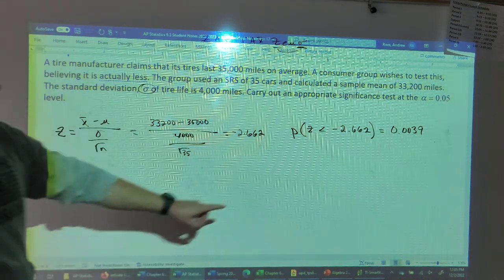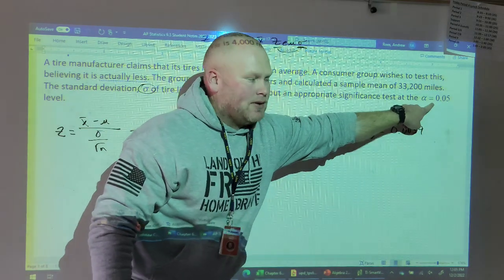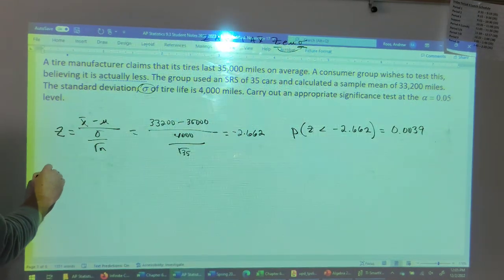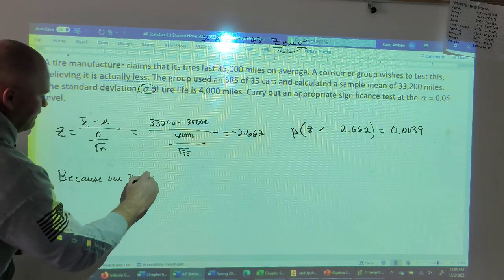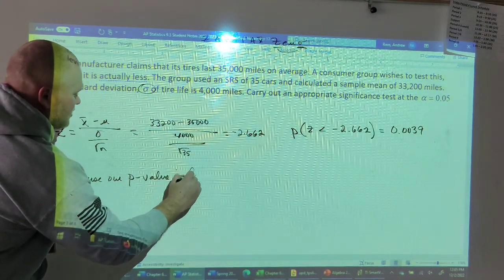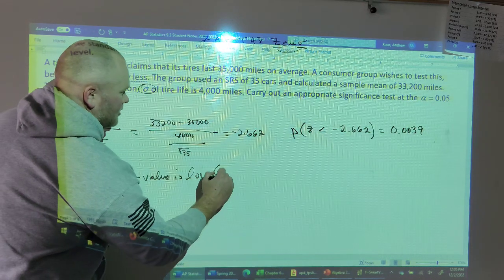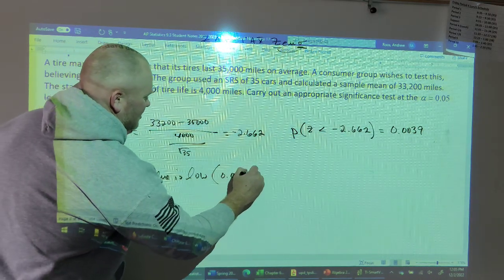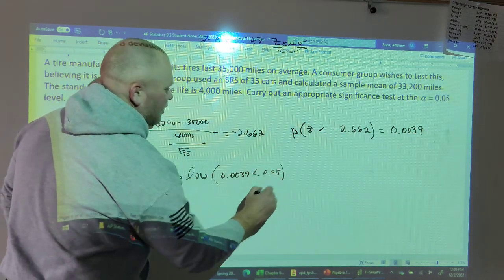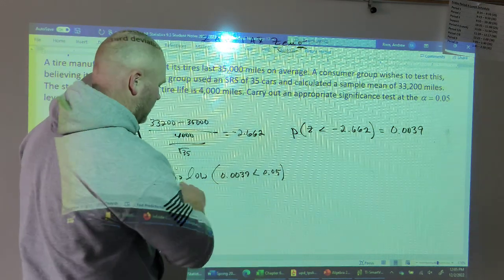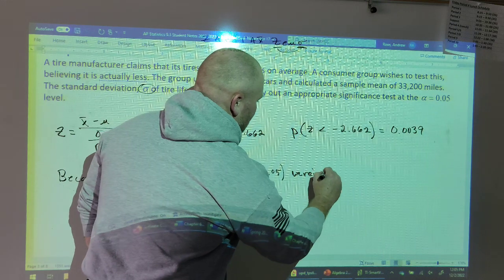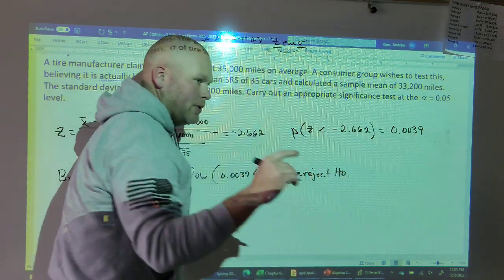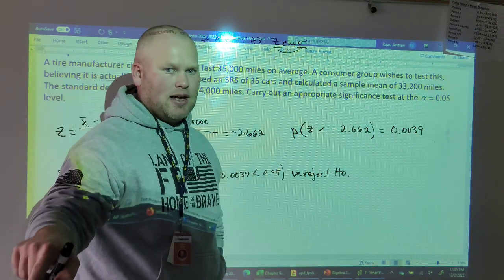So, conclusion, comparing this to the significance level. Because our p-value is low, right? 0.0039 is less than 0.05. When the p is low, reject H0. So we reject H0. If we reject H0, there's convincing evidence for HA.